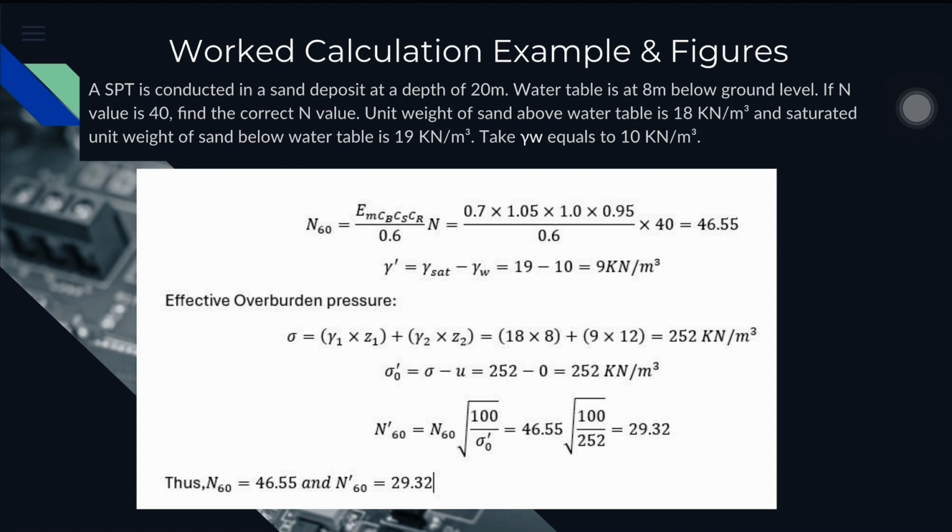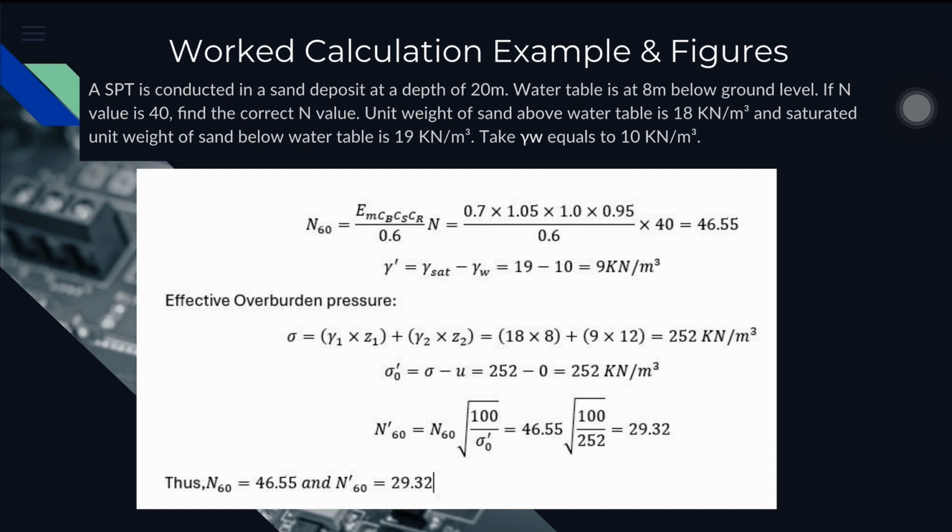For gamma prime, we get gamma saturated minus gamma water, which is 19 minus 10 equals 9 kilonewton per meter cube. For the effective overburden pressure, we get by the formula the answer of 252 kilonewton per meter square. For sigma prime naught, we get 252 because u equals 0.